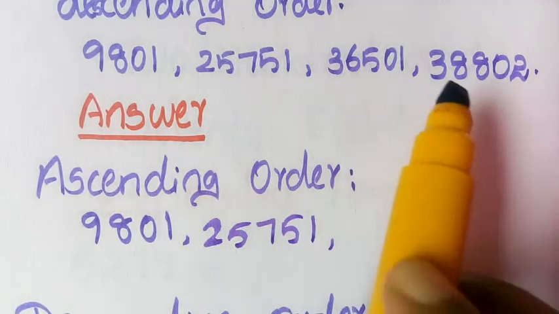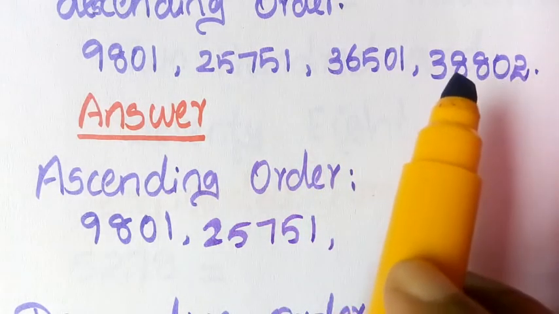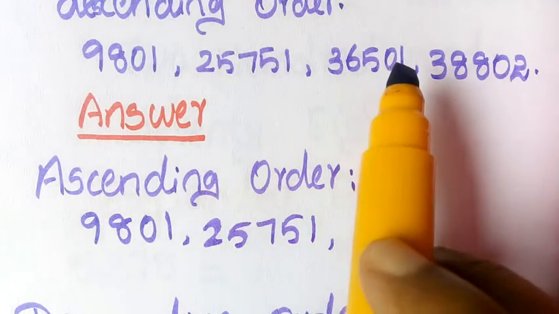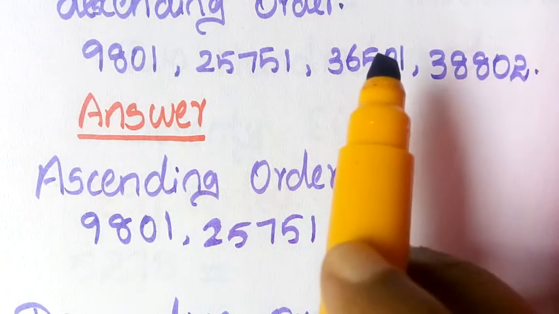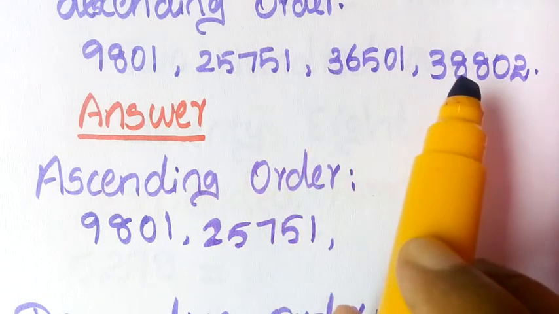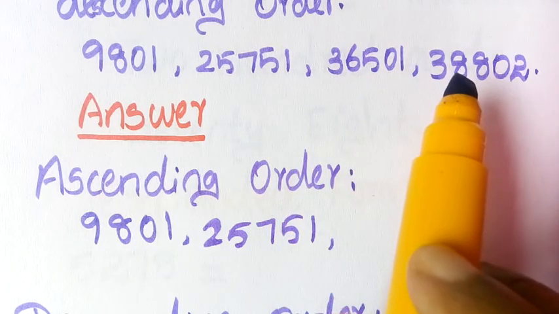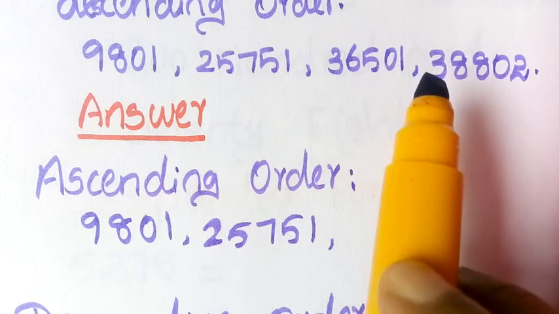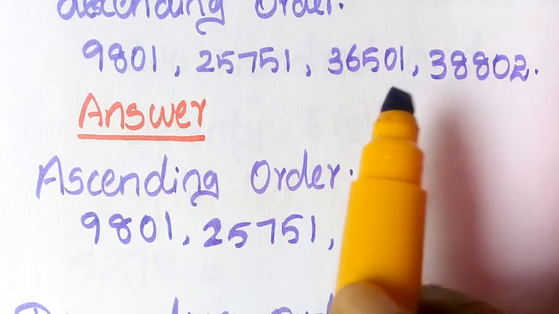Next we have only two numbers remaining. Here the digit at the 10,000 place is the same in both. Is it not? Here also 3 10,000s, here also 3 10,000s. So we need to move to the next digit, that is the digit at the thousands place.